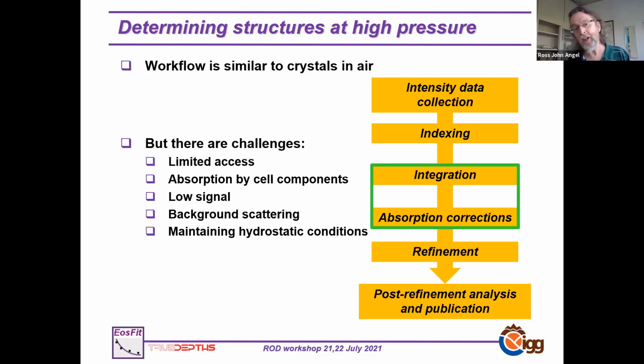Typically, you lose 70% of the intensity compared to a crystal in air due to absorption by the diamonds. There is background scattering sometimes, and you need to maintain hydrostatic conditions so you know what experiment you're doing on your crystal. And most of the implications of these things come into how you handle integration and absorption corrections in Chrysalis.